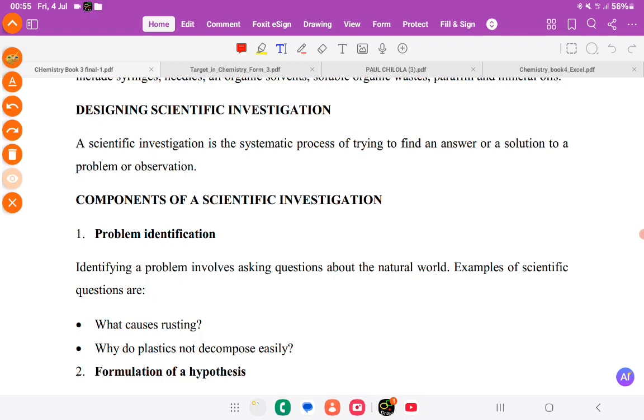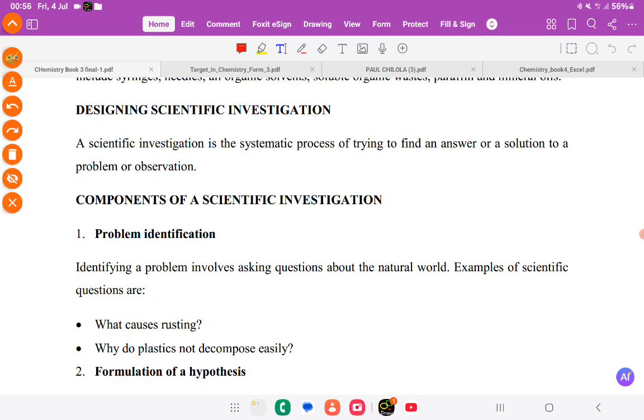So welcome to lesson number 2 of the topic experimental techniques. In lesson number 1, we looked at a subtopic called chemical waste, in which we defined chemical waste and the examples of chemical waste that are generated in the chemistry lab, and the different ways of disposing the waste in a safe manner.